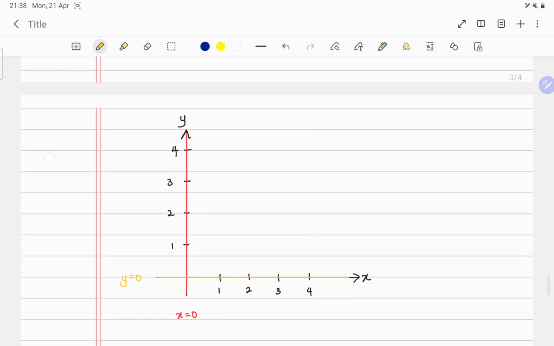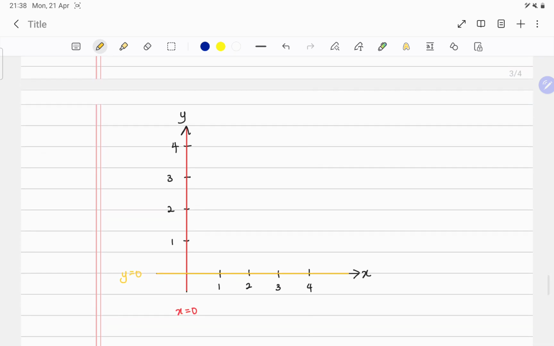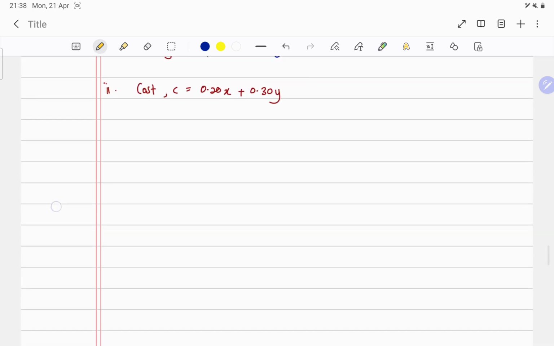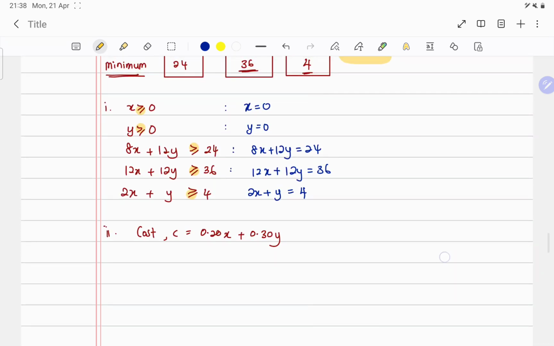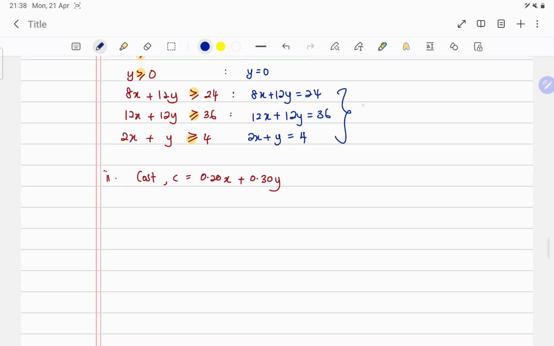Okay, but for me I just want to show you what it means by the non-negative constraint that we have. And then this one we have 8x plus 12y. So if you see, these 3 are linear, right? So we need to draw the line. We need 2 coordinates.